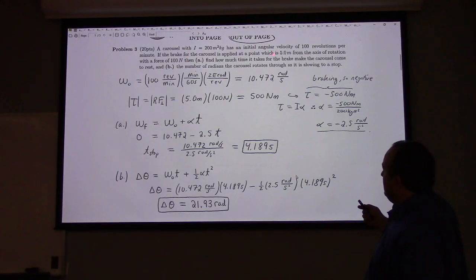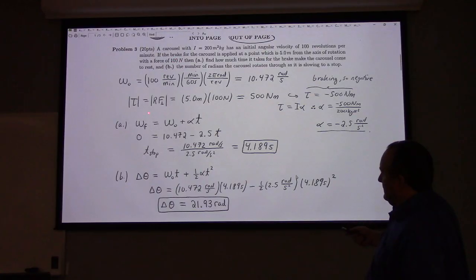So to start with, I figured out the initial angular velocity, which is this, 100 RPMs, and then I convert: times 1 minute divided by 60 seconds, times 2 pi radians per revolution, and that gave me 10.47 radians per second. Now the torque is going to inform the angular acceleration right here. So torque is radius times the perpendicular force, and the force was applied in a perpendicular sense.